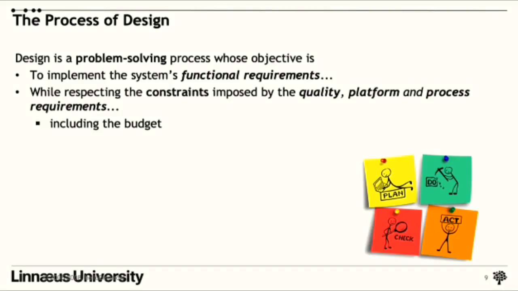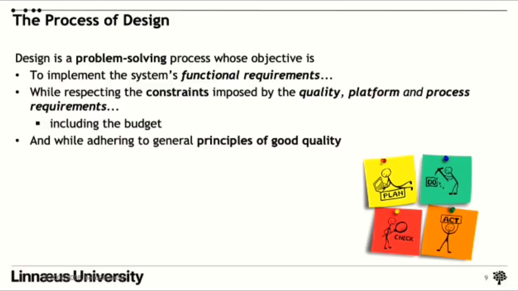We need to solve the problem stated by our customers, and the problem stated by our customer is described and specified in the requirement specification. Once we have the requirement specification, we have the problem. Then we can start designing, solving the problem stated by the customer.